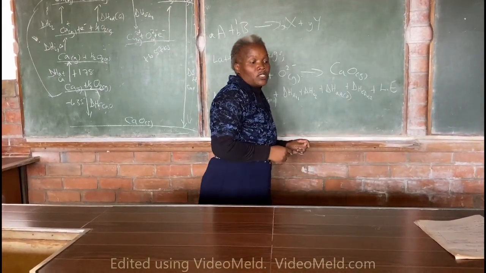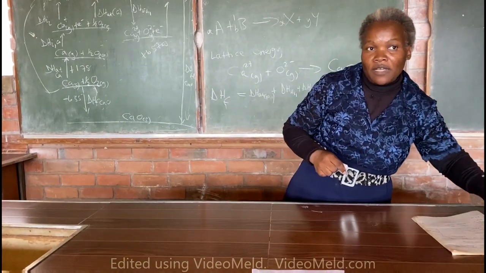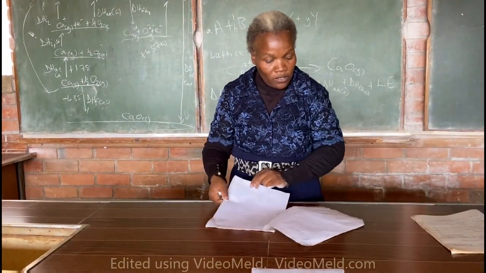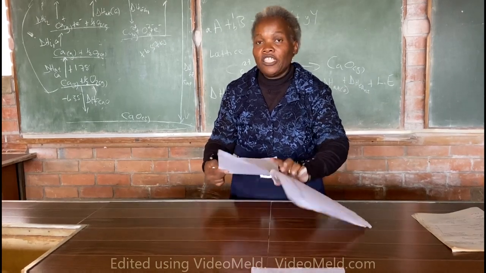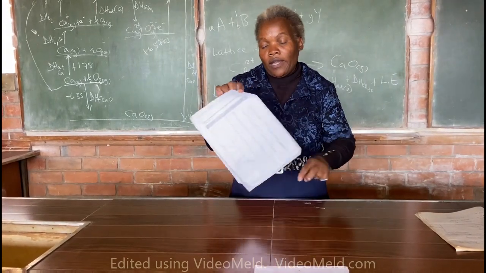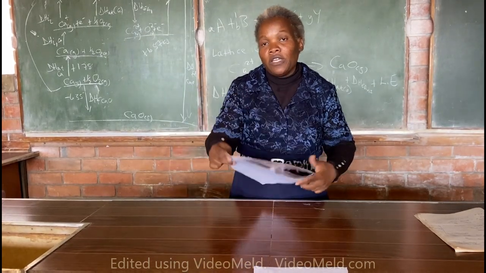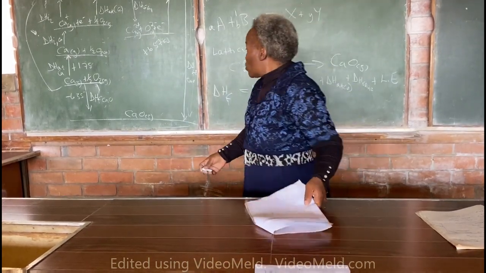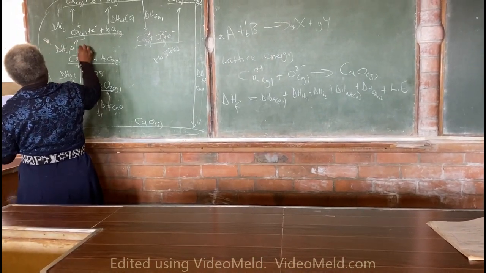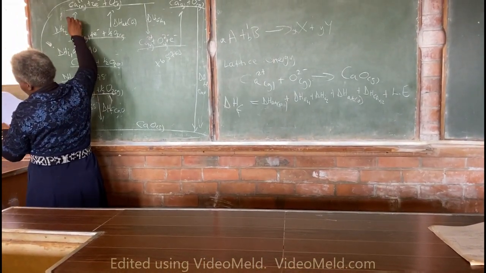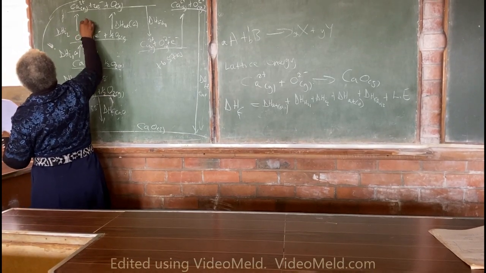And we are going to use our data booklet to determine that. So you take the data booklet, and for ionization energy, you go under ionization energy. And here we need the first and second. So the first and second ionization energies from our data booklet for calcium are 590 and 1150.